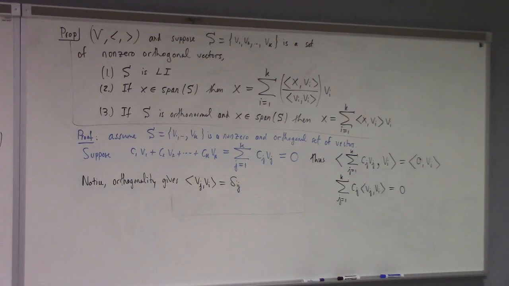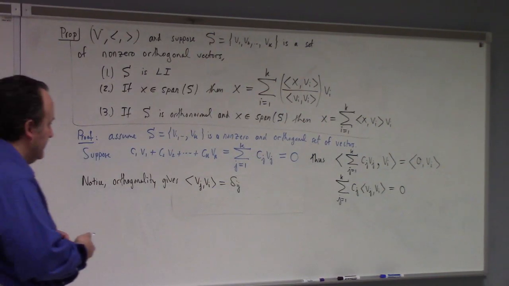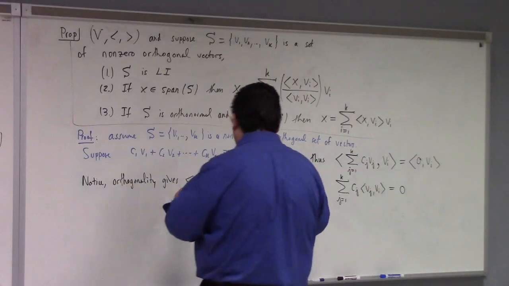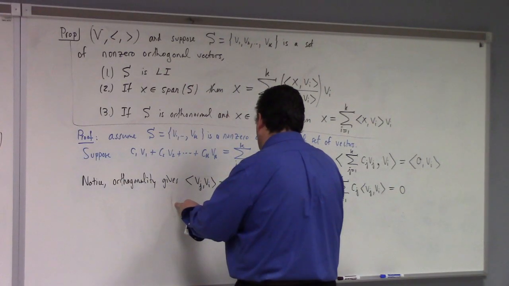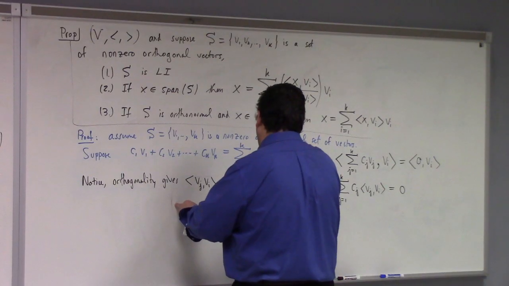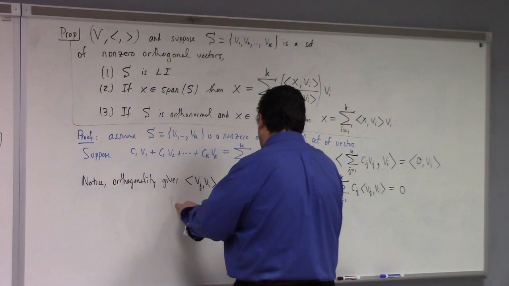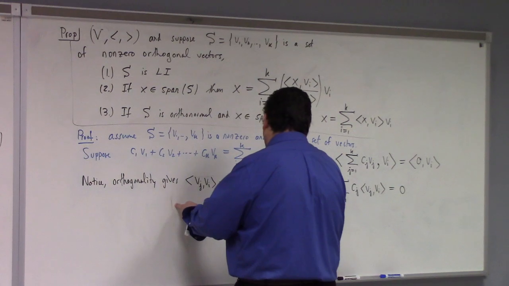When i is not equal to j, the formula is legit, because they're distinct, so the inner product is 0 because they're perpendicular. But if i is equal to j, then we're talking about the length of vi squared. So I should do this times the inner product of vi with vi, right?